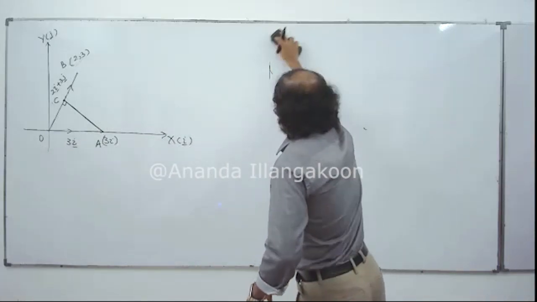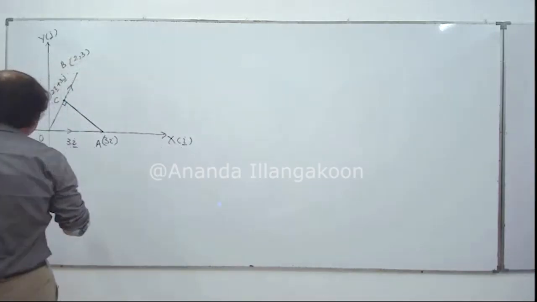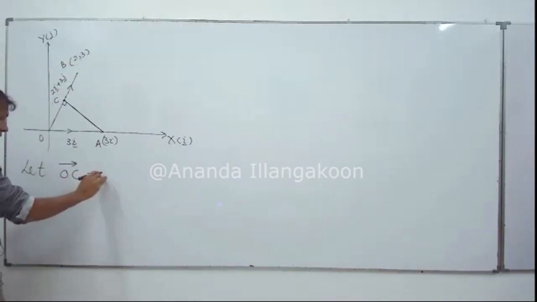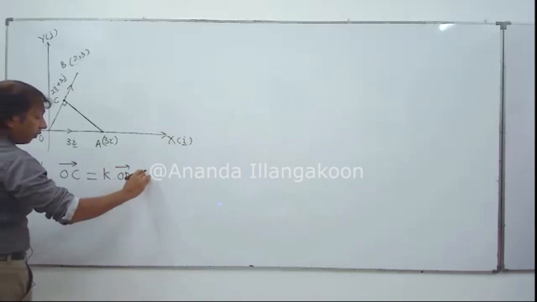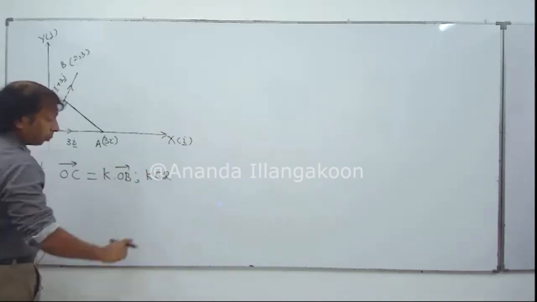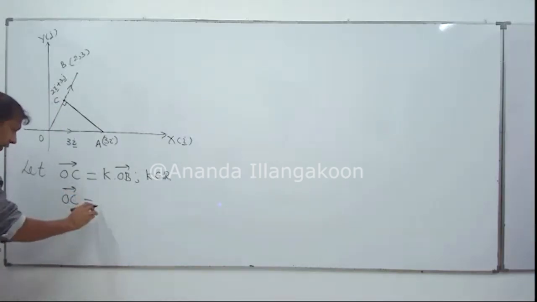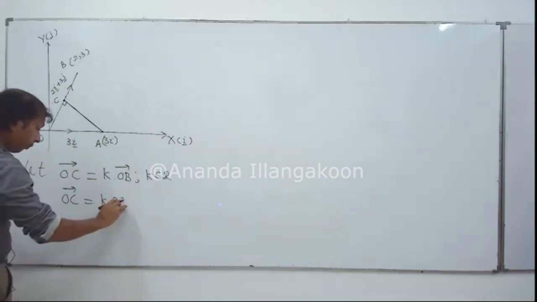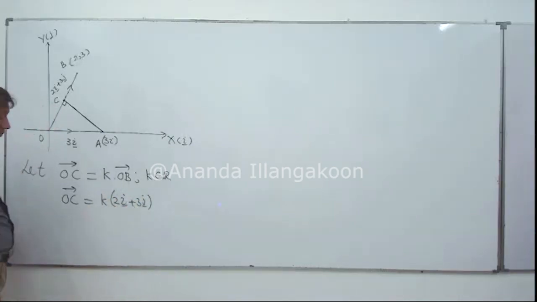Let OC vector equal k times OB vector, where k is a real number. We need to find this k. OB vector means 2i plus 3j, so OC equals k times (2i plus 3j).